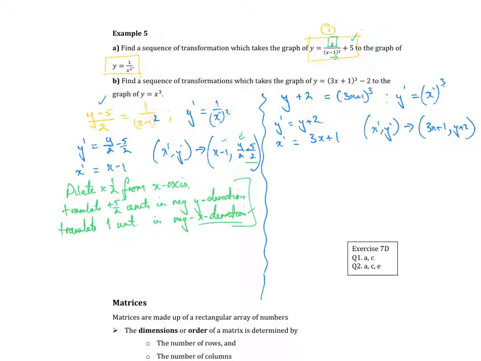So now I can list my transformations. So the x value gets multiplied by a factor of 3. So I get a dilate by factor 3. Now if the x value gets multiplied, it's from the y-axis.